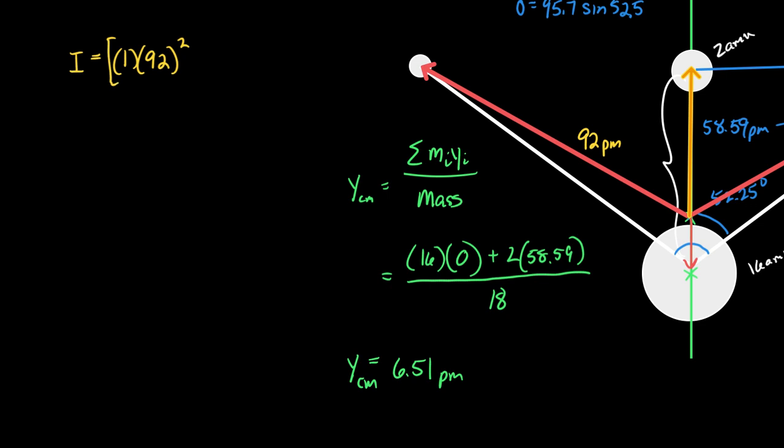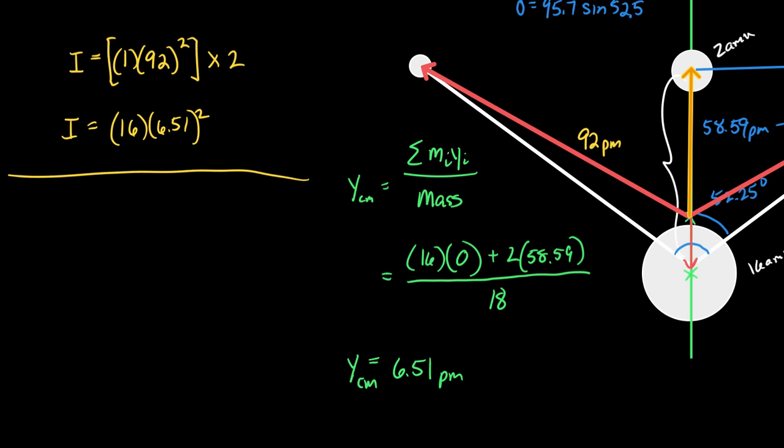There are 2 oxygens, and so they are equidistant away. It doesn't matter that one's in one direction or one's in the other. They contribute the same amount to the moment of inertia. Then I have the moment of inertia of the oxygen molecule, although much bigger, 16 AMUs. It is located 6.51 picometers away from the axis of rotation.